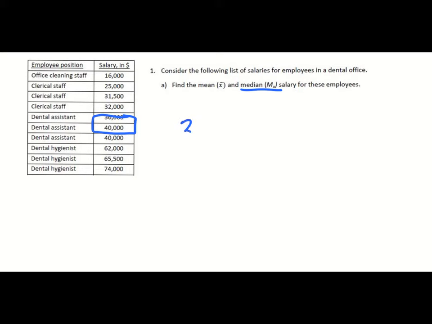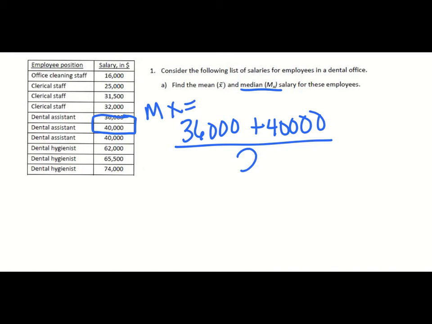So you're going to average the 36,000 plus the 40,000, divided by 2. So my median is going to be 38,000. That is my median value for the salary of the dental office employees.